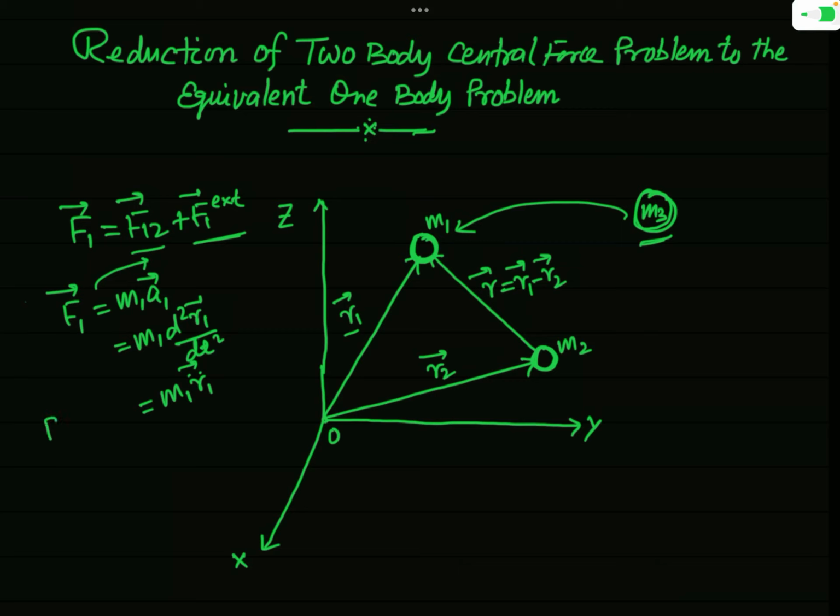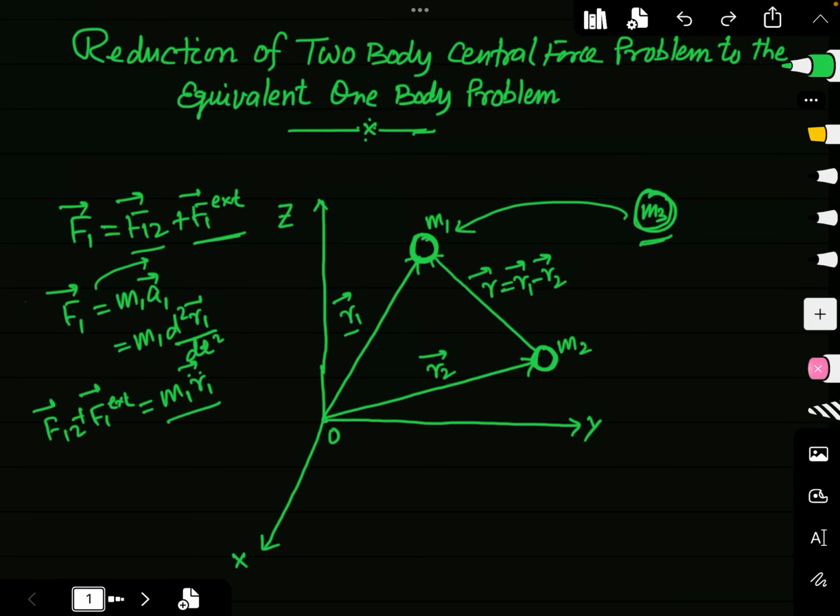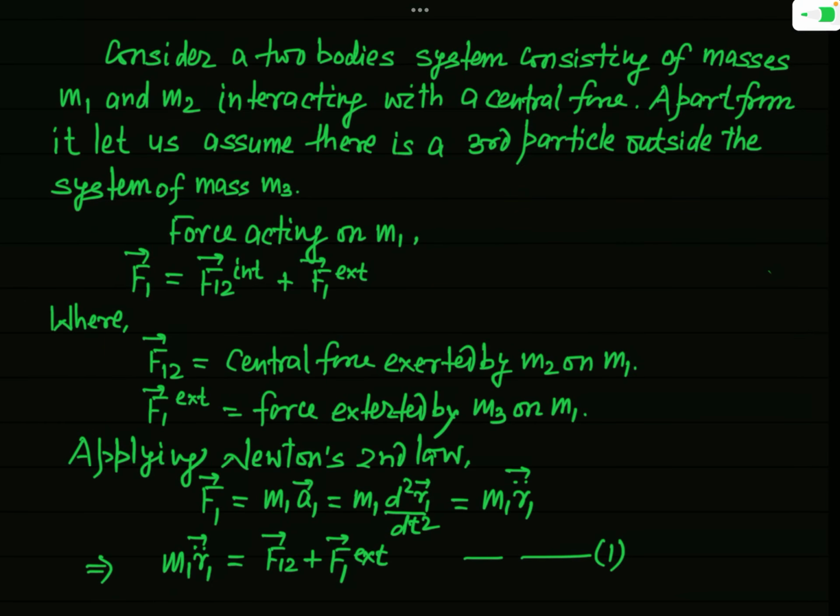This will be equal to F12 plus F1 external, and that will be equal to M1 R1 double dot. Okay, and you can see I have written these things here clearly.